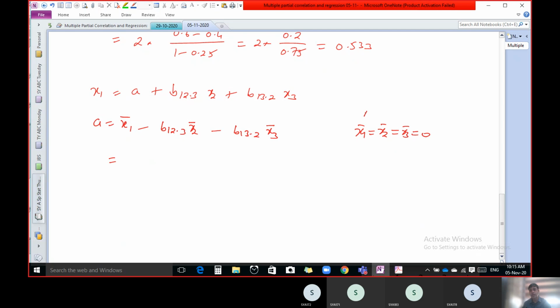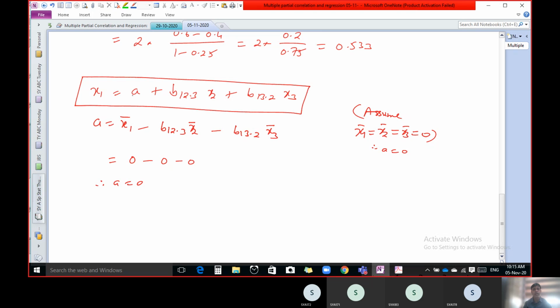This is an assumption. So obviously we get 0, and 0 into anything is 0. In short, we get a equal to 0. So if x1 bar, x2 bar, x3 bar are not given, then consider a equal to 0.